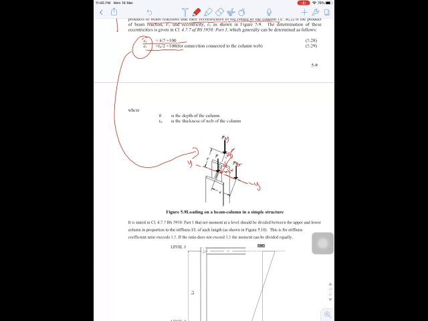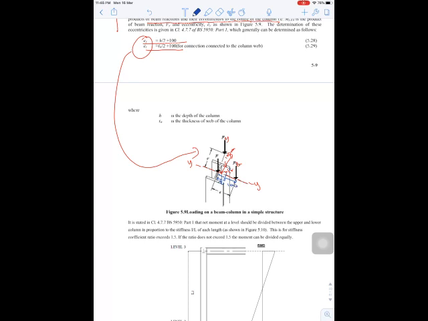So that will cause bending about the y-axis. For the z-axis here, that value here is tw over 2, whereas that value here is 100.